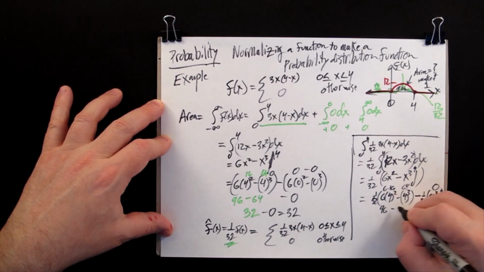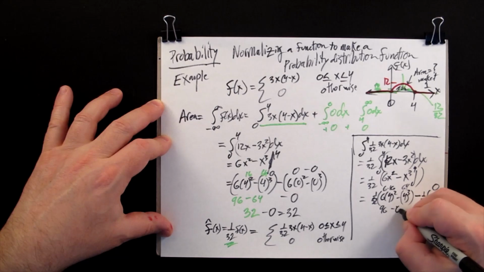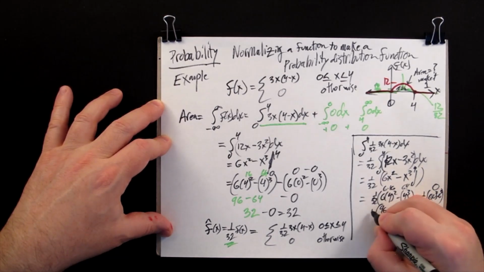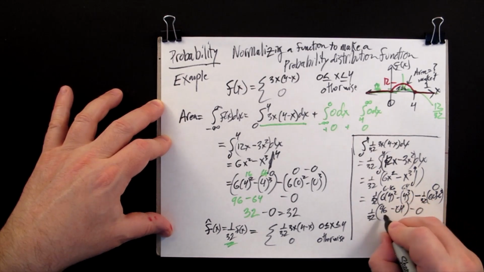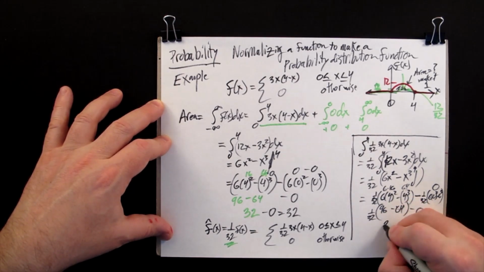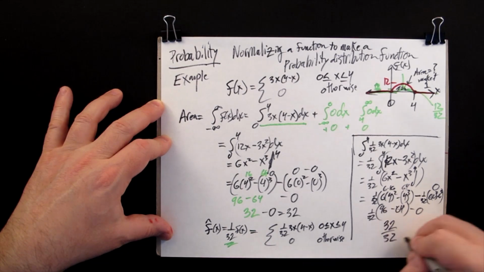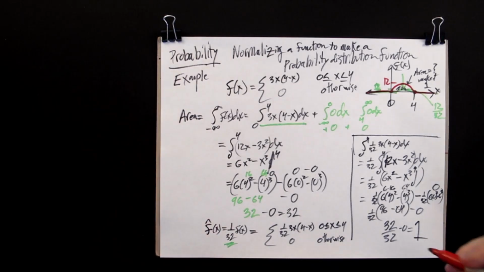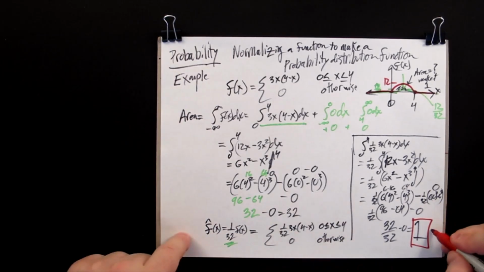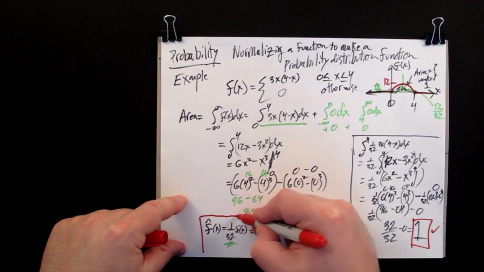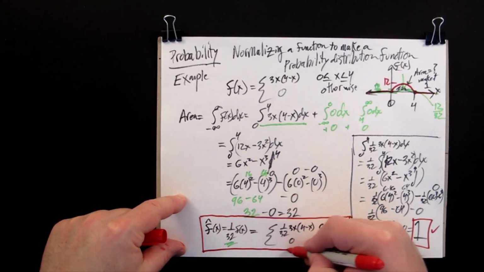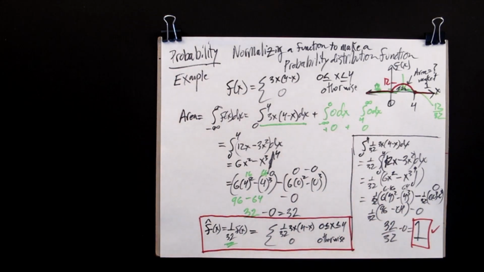This is 64, so 96 minus 64, minus 0, times 1/32. So 96 minus 64 is 32/32, which is 1. So just to confirm, this function is now a probability distribution function.